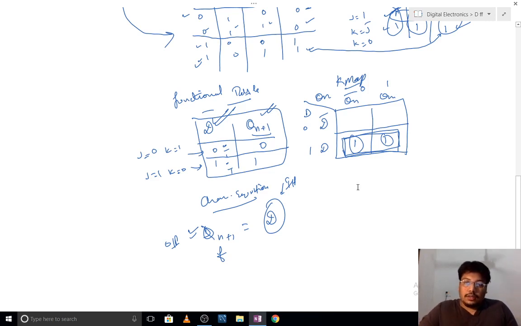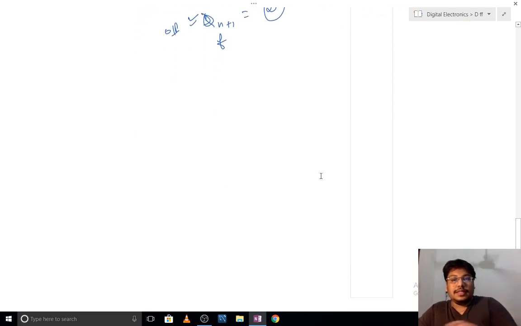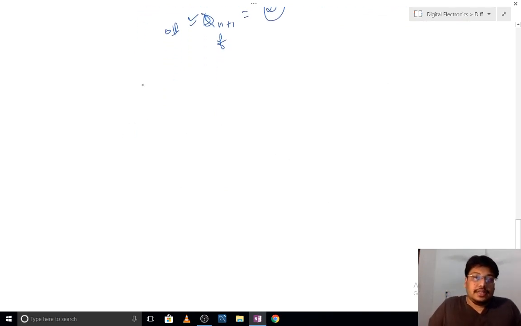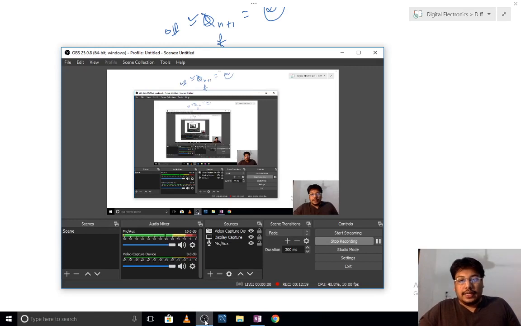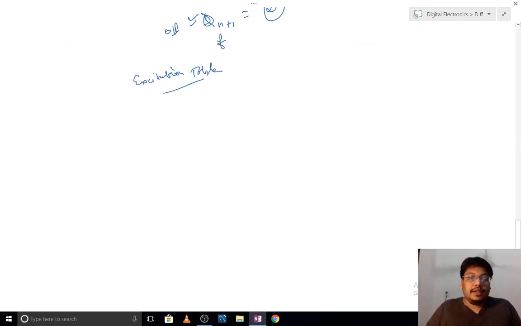So now one or two things have remained, the first is the excitation table. Excitation table means the outputs have been given.